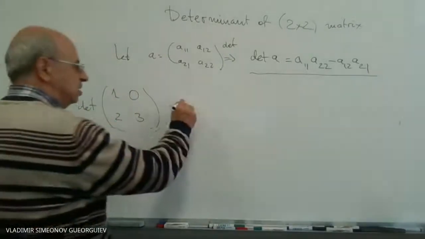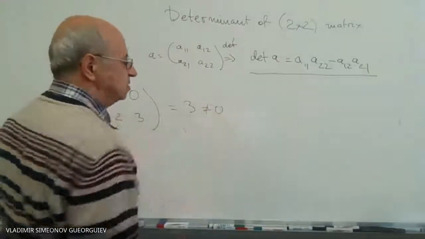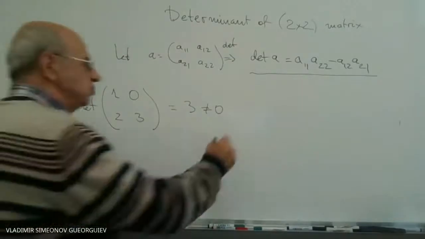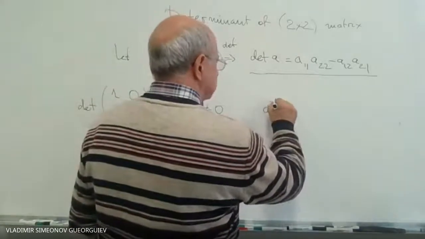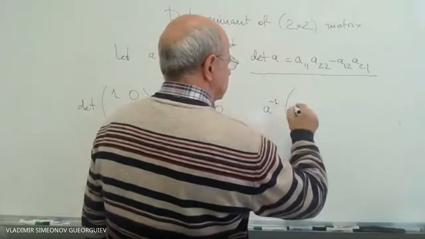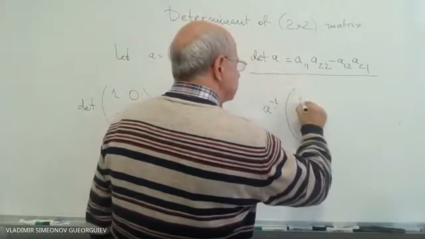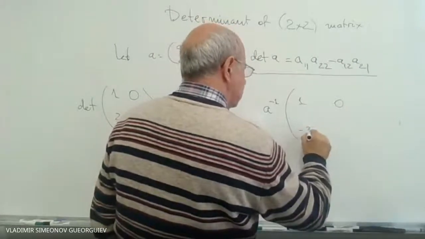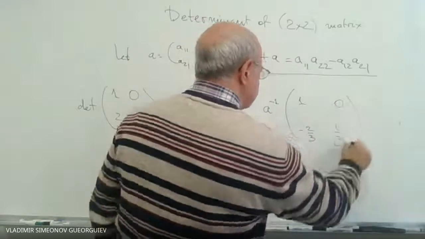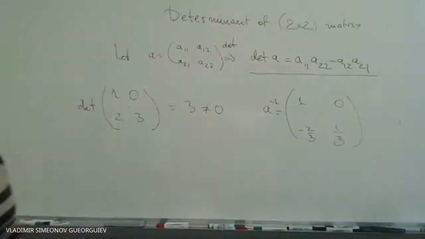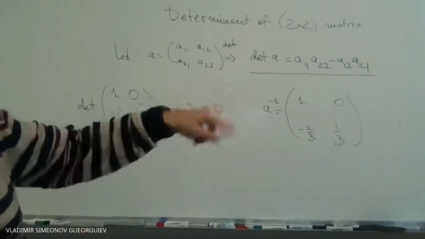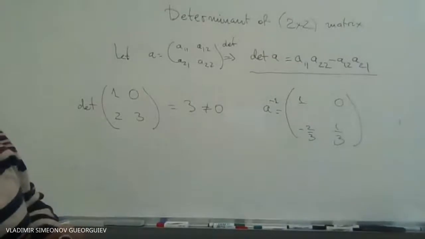The result is 3. So it is very important that this is not 0. And in our previous example, we also found A inverse, if I am not mistaken, this was 1, minus 2 over 3, 0, 1 over 3. Please check if this is exactly the inverse. This was in our previous example.